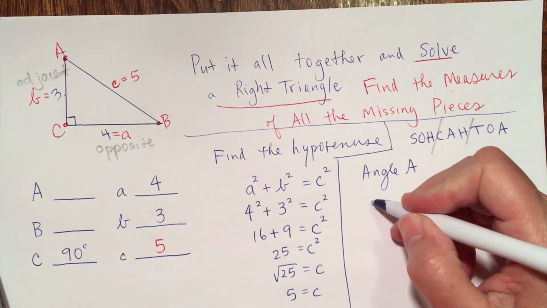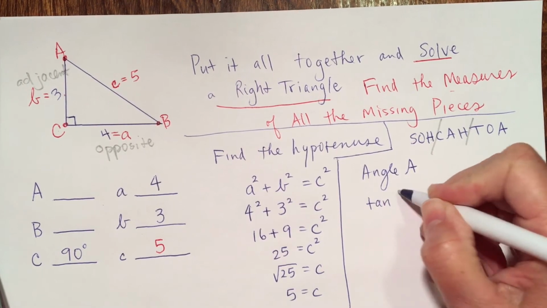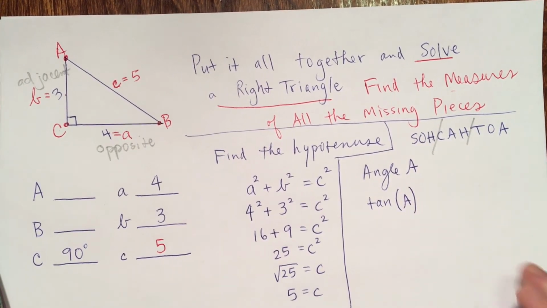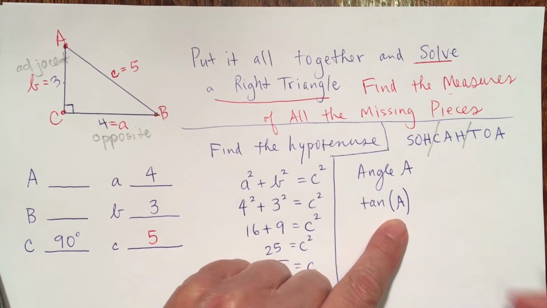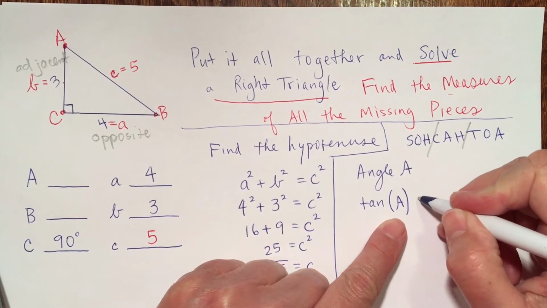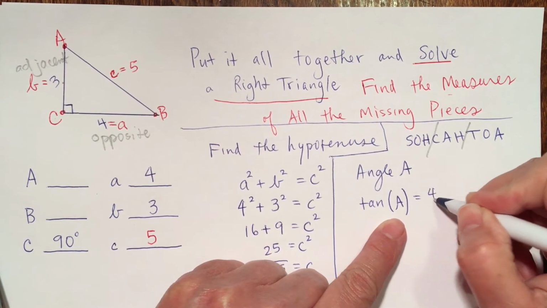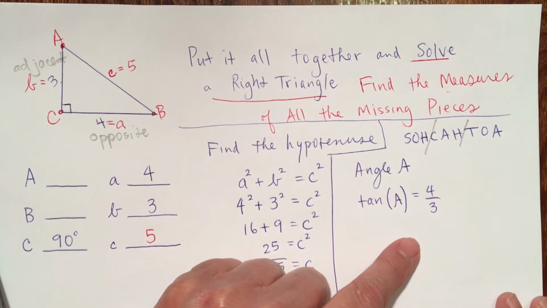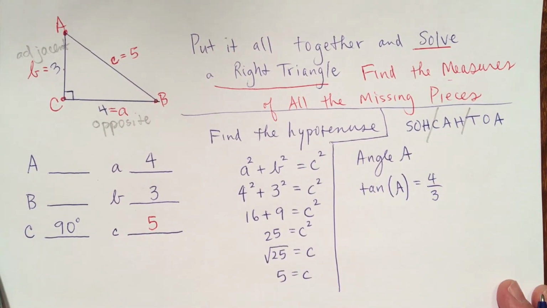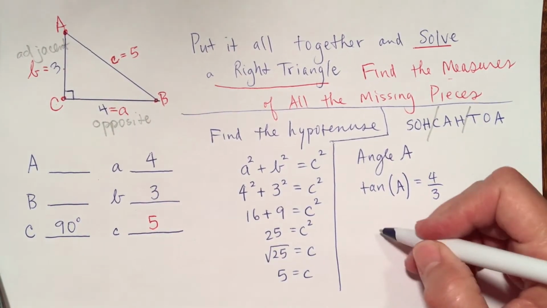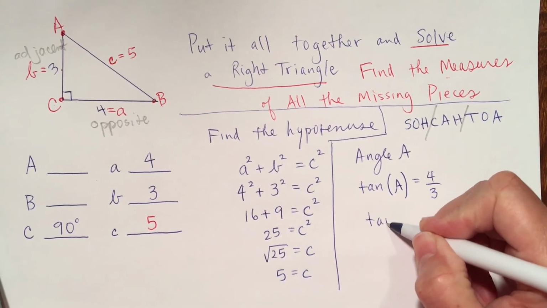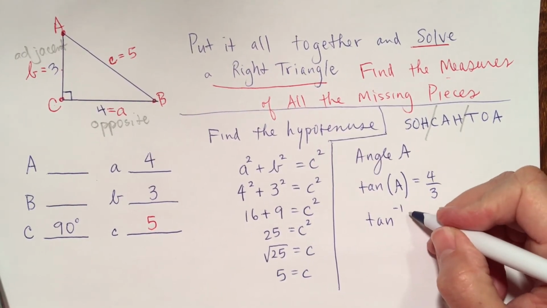So angle A, I'll write the tangent. I'll use A to represent the measure of that angle. The tangent of A equals 4 over 3. Now to solve it for the angle measure, you have to use inverse tangent.